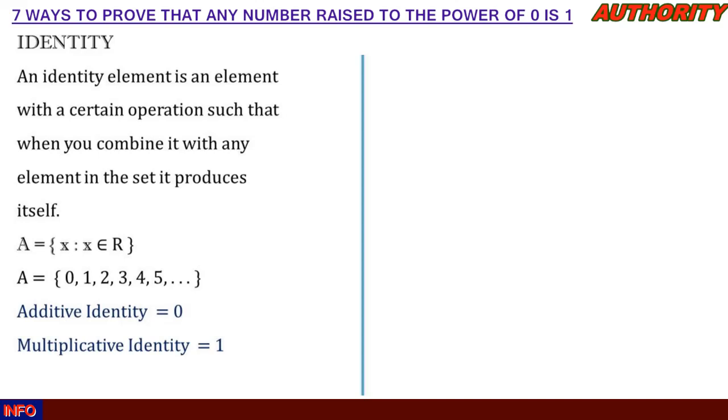That is an element such that when you add it to any element in any set, or in this set particularly, it produces itself. You get it? So additive identity is 0. Multiplicative identity is 1. So when you pick 1, multiply it with any of the elements, it produces itself.